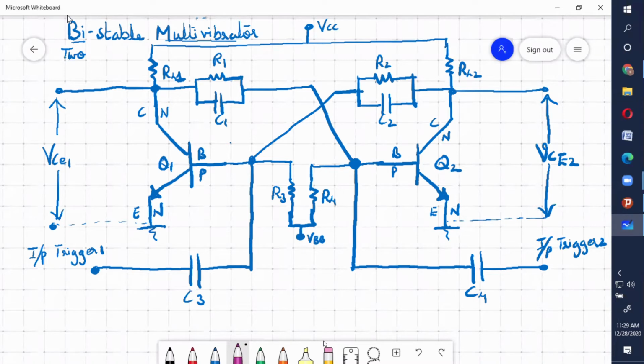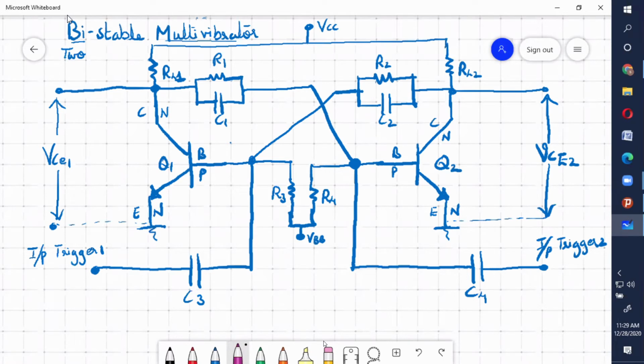If transistor Q1 is on, what will happen? It will act as what? An open switch or a closed switch? Closed switch. It will act as a closed switch. Closed switch means the collector point is connected to your emitter point.